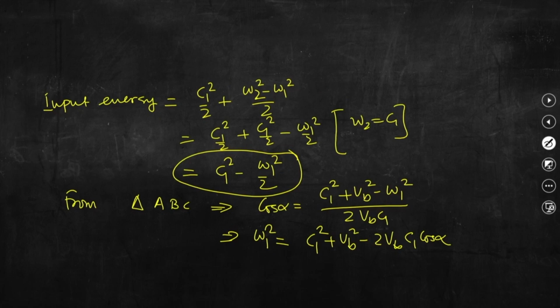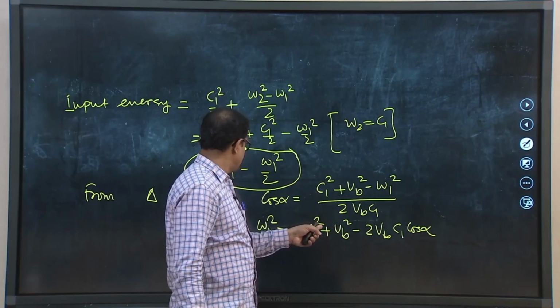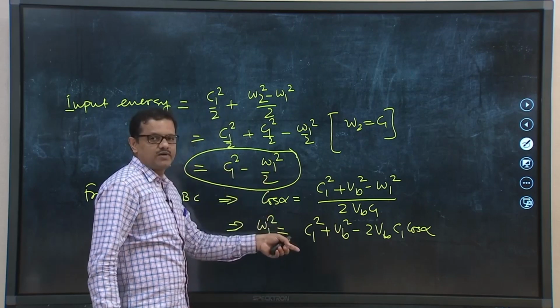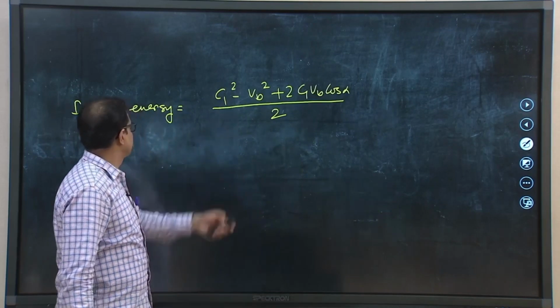Because C1 square by 2 minus C1 square by 2 plus the remaining terms would give C1 square by 2. So, that is why it is C1 square by 2.